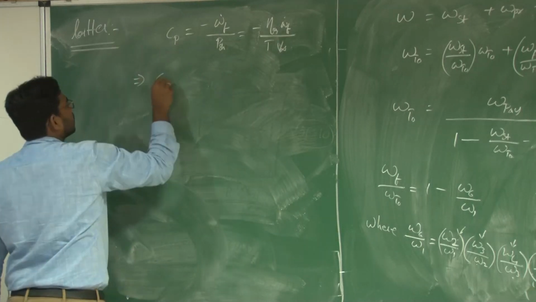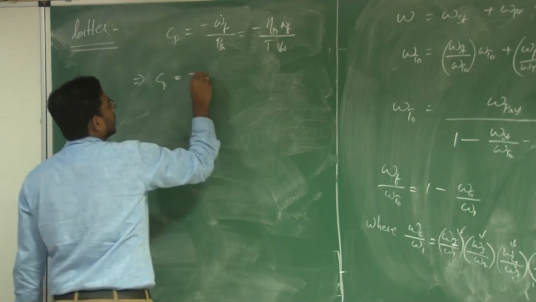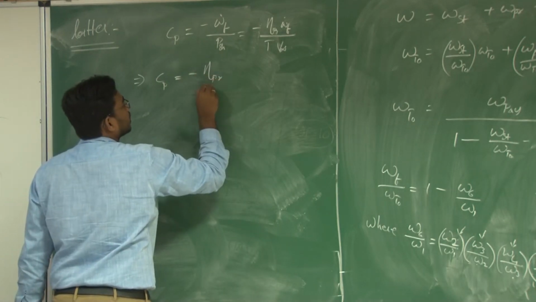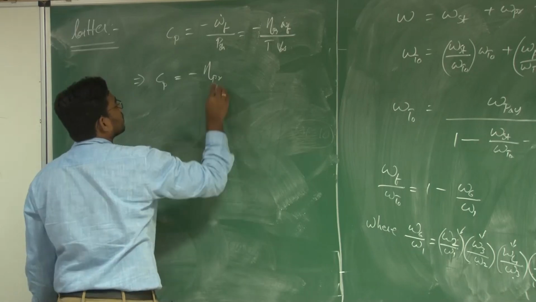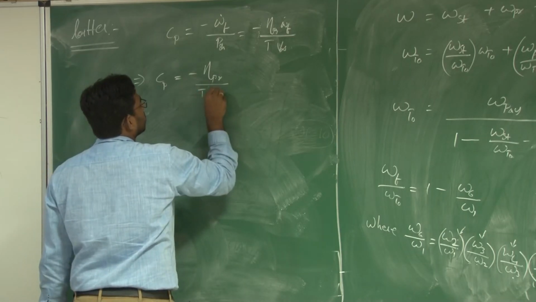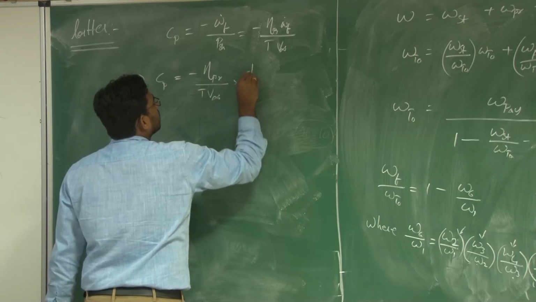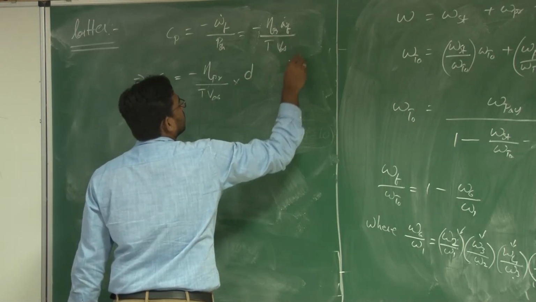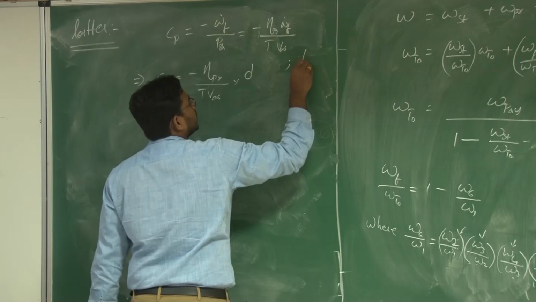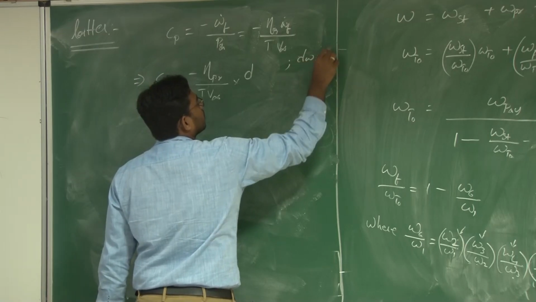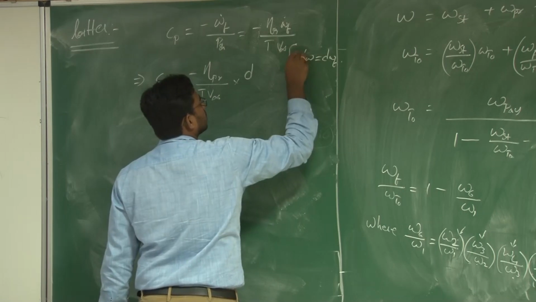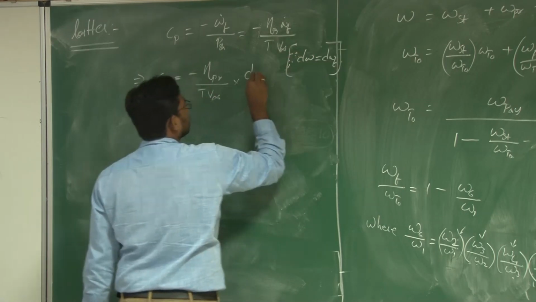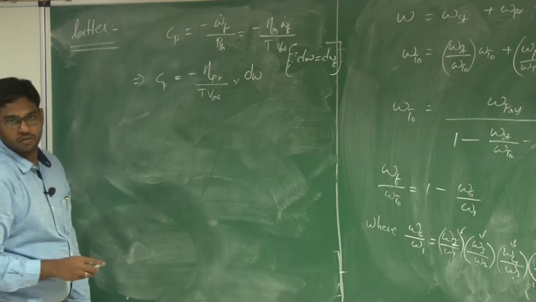This implies Cp is equal to minus eta of the propeller divided by T into V infinity into dWf. We know that dW is equal to dWf.